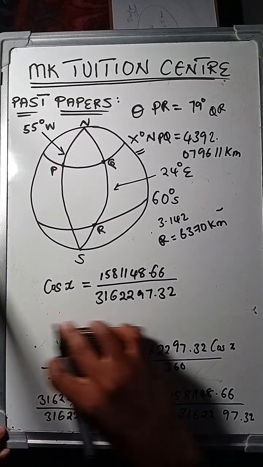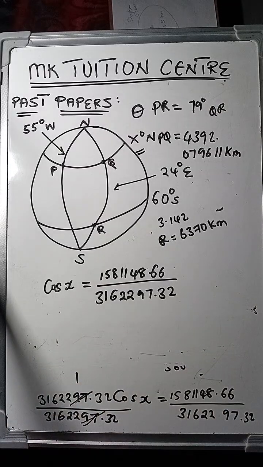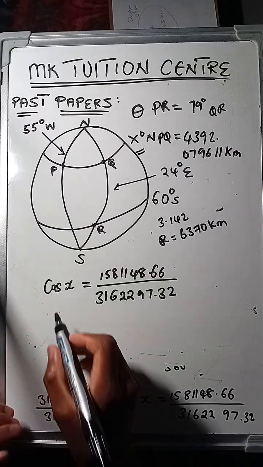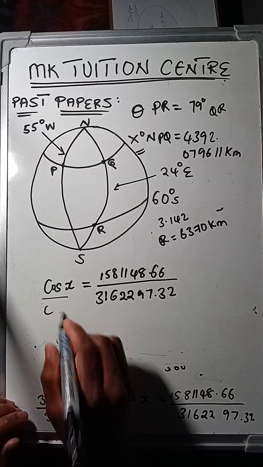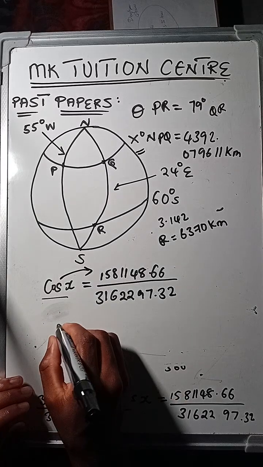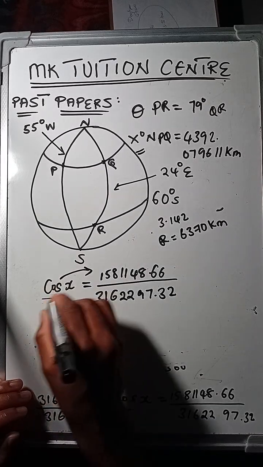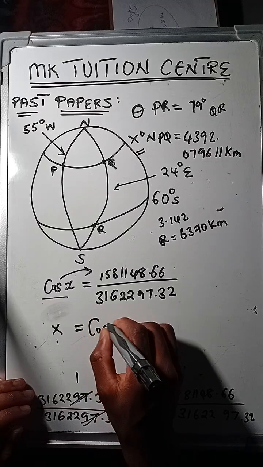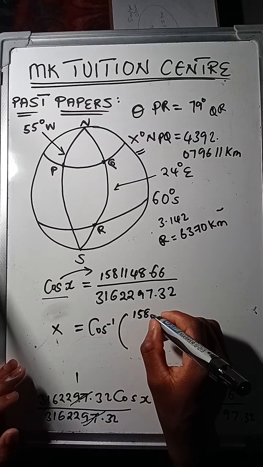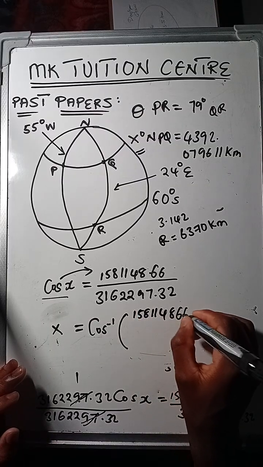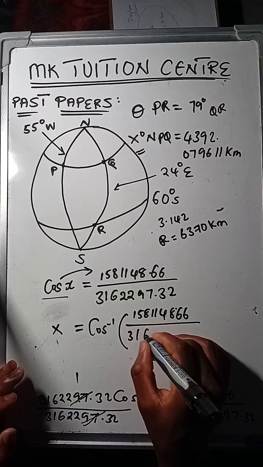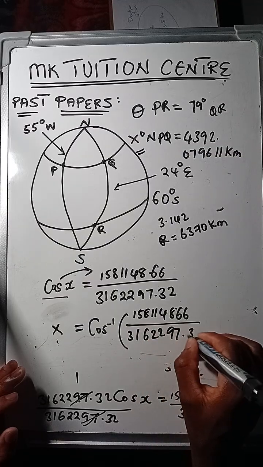Now when you reach here, you're going to make x the subject. What we're going to do is move this cos to that side. So x will be equal to cos inverse of everything which you have here: 1581148.66 divided by 3162297.32.